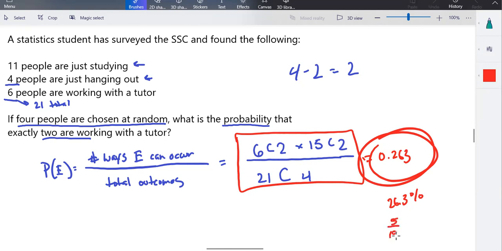Probably wouldn't hear 5/19 either, but I think percentages is probably what we're most familiar with. But lots of times we write it as a decimal for stats class, or sometimes as the fraction. But it's nice to see that all 3 of these things mean the same thing. For this problem, it means the chance that 2 people out of 4 chosen are working with a tutor. Hopefully they're working with a tutor on a question like this and it's going well.